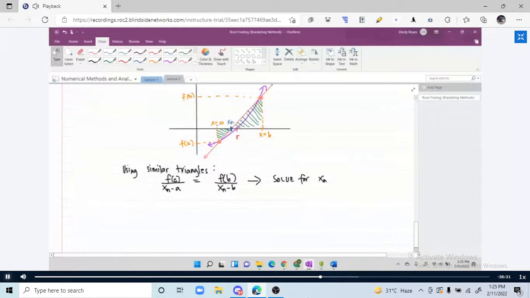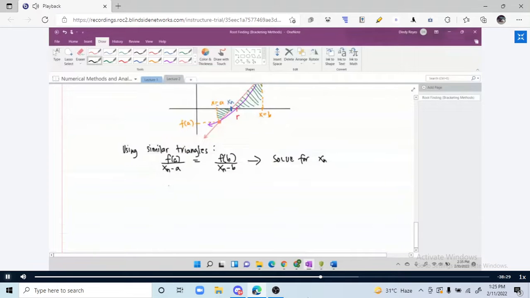That's how you derive the formula. And x sub n would be equal to b minus f of b times a minus b, over, dito lang lahat galing yan ha, f of a minus f of b. Okay, this will be our formula.